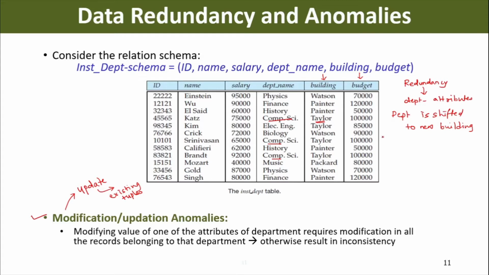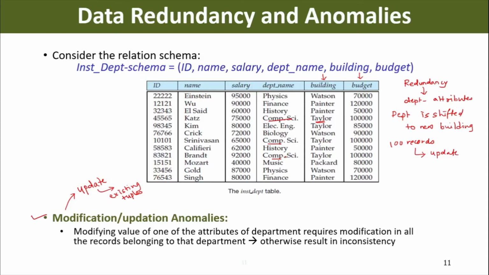Now if I am having many instructors from the same department, I need to update all those records. So if I am having 100 records, then I need to update all those 100 tuples to reflect the change, the new name of the building.